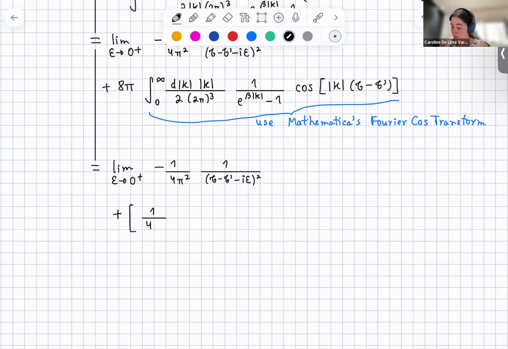1 over 4 pi squared times 1 over t minus t prime minus i, no, just this. I'm already jumping ahead.